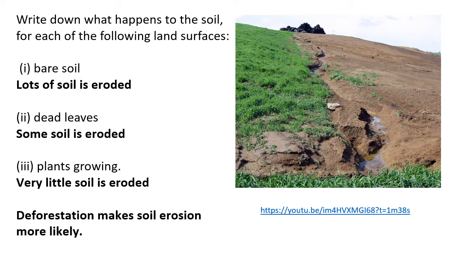And the summary, well, something along the lines of: deforestation makes soil erosion more likely. That's the key here. If we cut trees down, there's more likely to be soil erosion. And remember, in the tropical rainforest, the fertile layer of soil is very, very thin. It only really exists because it's constantly replenished by the vegetation dying and falling to the ground and being decomposed.